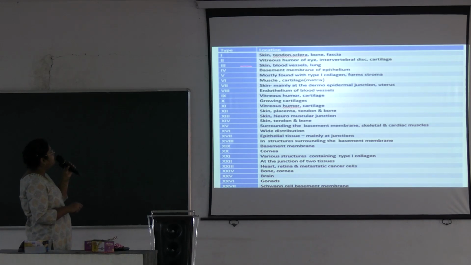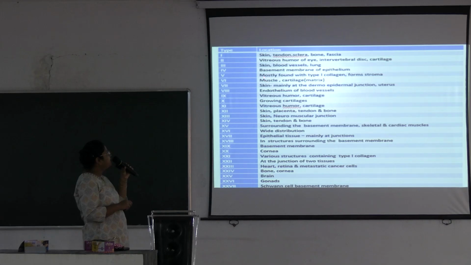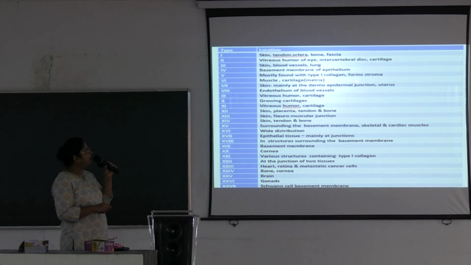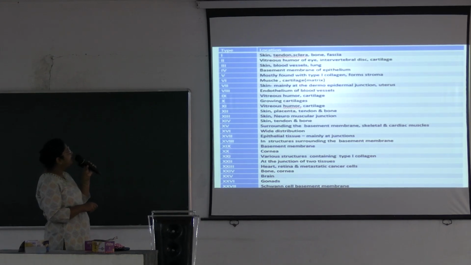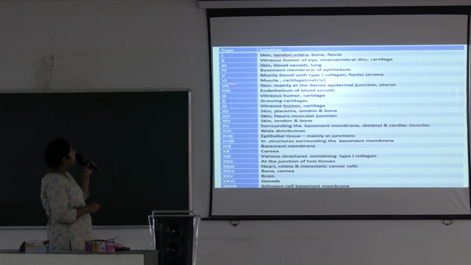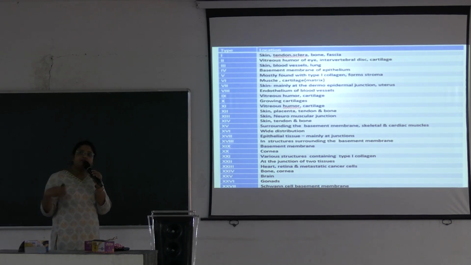And type 4 collagen fibers are located in basement membrane of the epithelium. Type 5 is mostly found with type 1 collagen and forms the stroma. And type 6 are located in muscle and cartilage matrix. Okay. Up to 6 mainly they are asked in your MCQs and Viva.